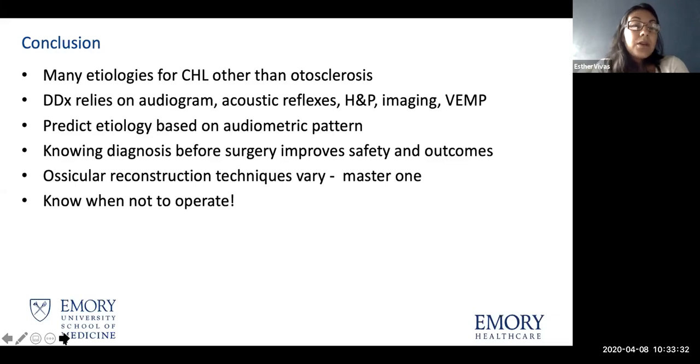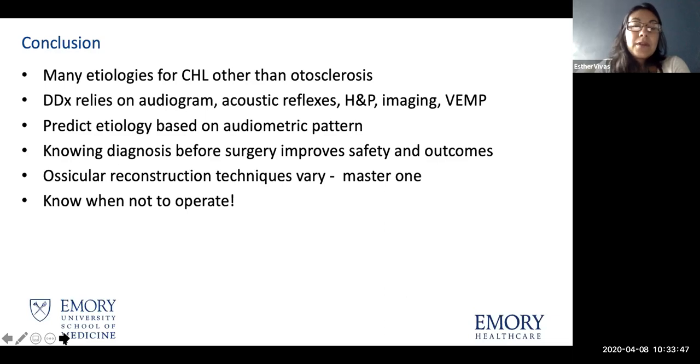And you know when not to operate, right? There are patients who have only one good hearing ear. One of the key things is don't operate on the better hearing ear.